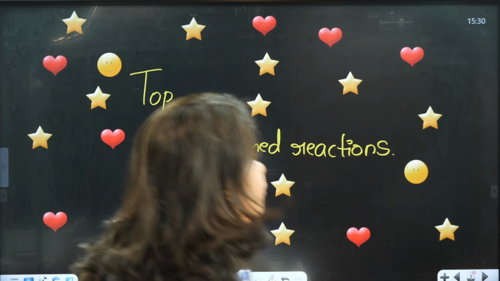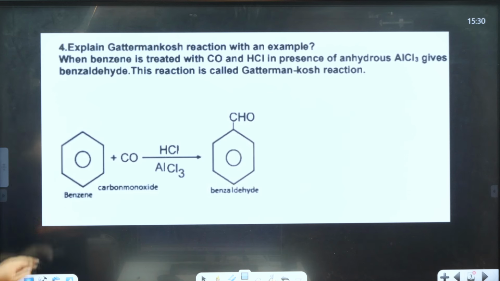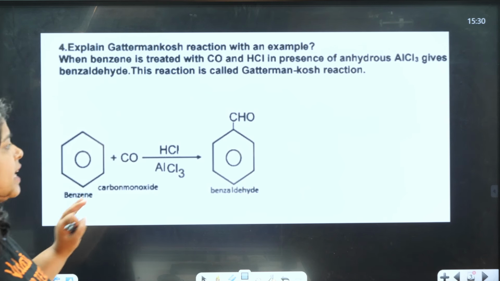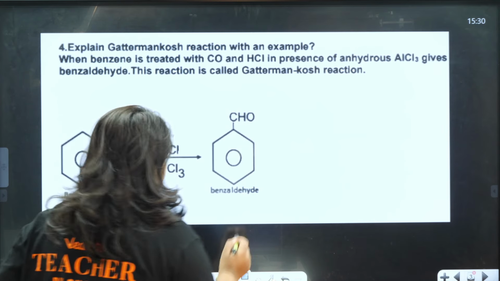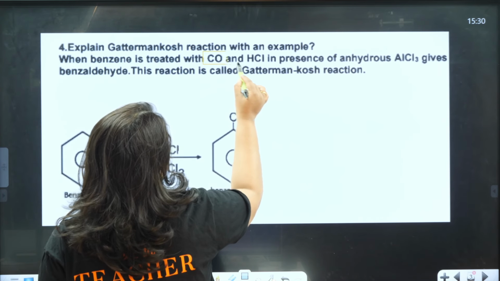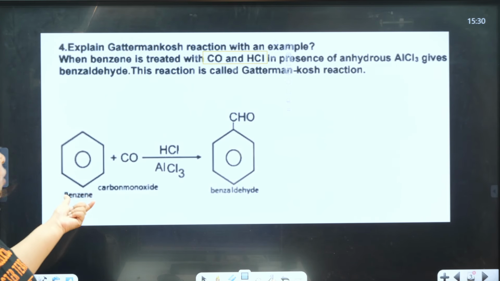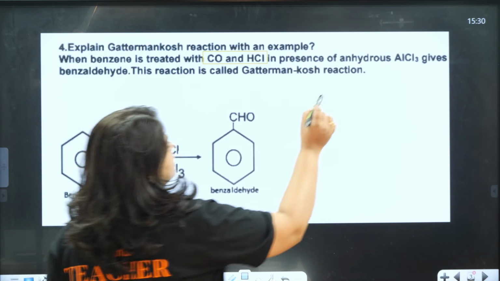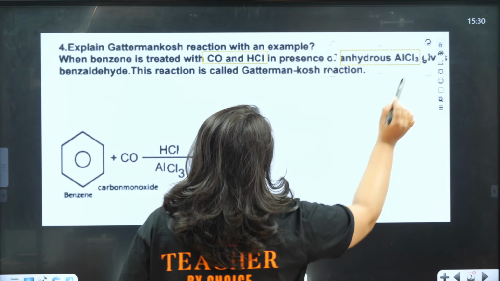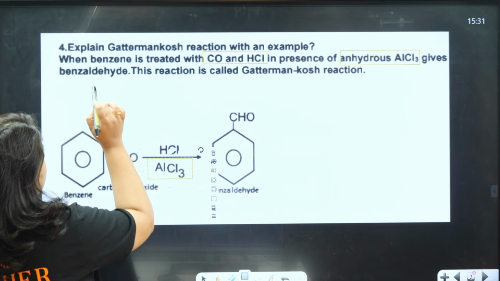Okay, which is the first named reaction that is going to come? Explain the Gattermann-Koch reaction, that is also called a Gattermann reaction, with an example. Whenever benzene is treated with CO and HCl in the presence of anhydrous AlCl3, it gives benzaldehyde.